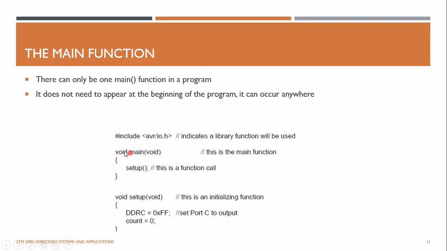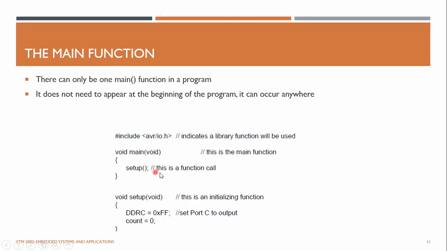Then the main function does not return anything, so it's void main, and the argument is also void, so it doesn't take any input.